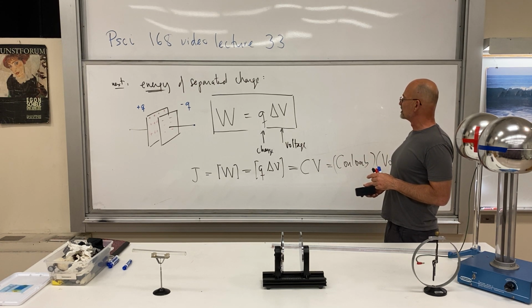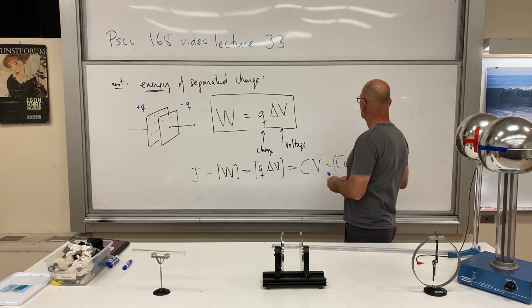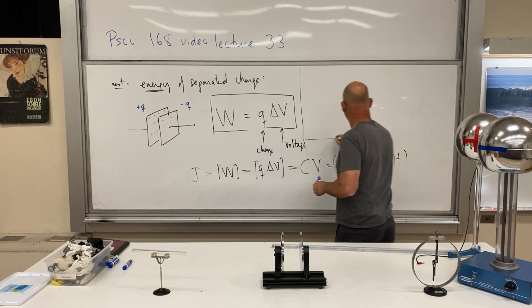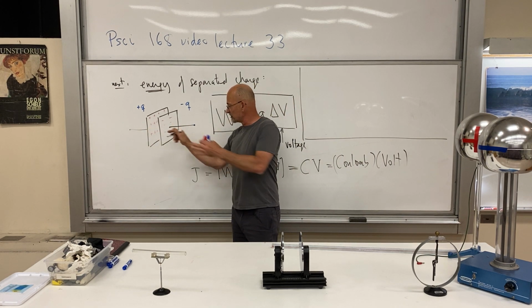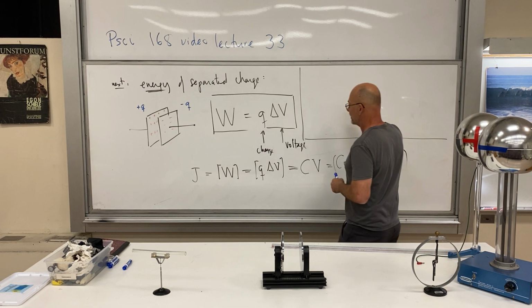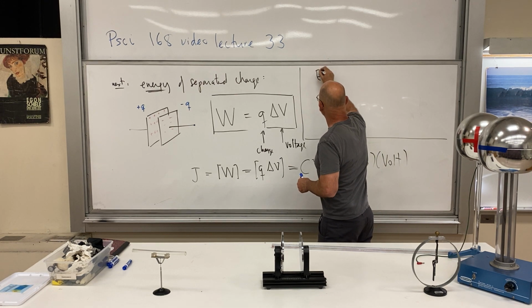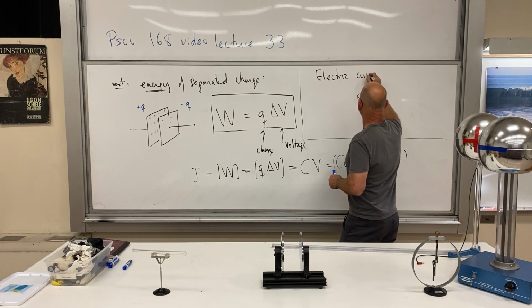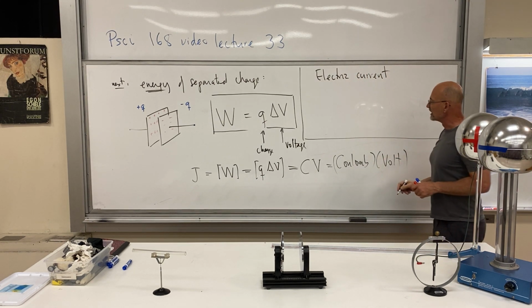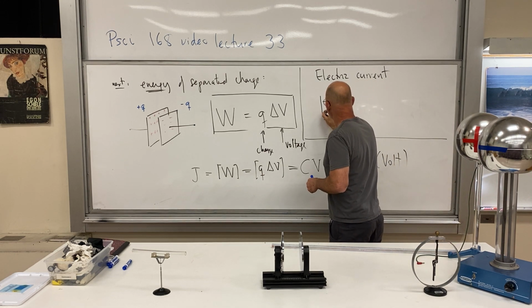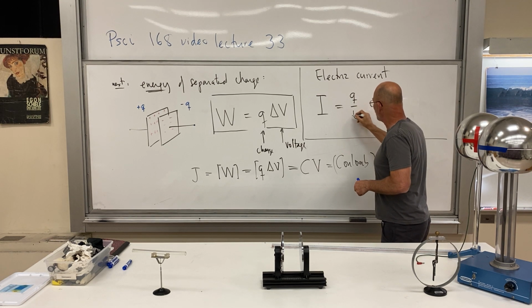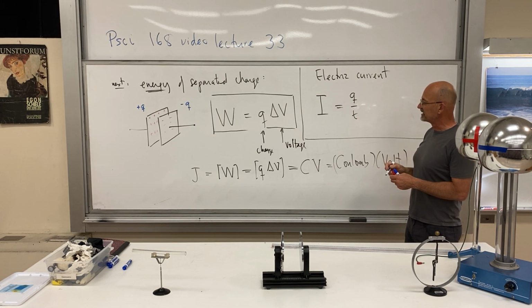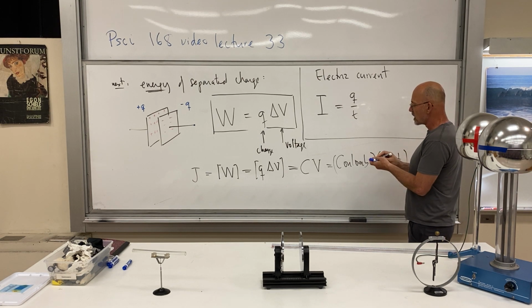We have the energy of the separated charge. I'll refer back to the picture where I have the wires connected in the light bulb. Electric current, it's the letter I. It's just charge per time.